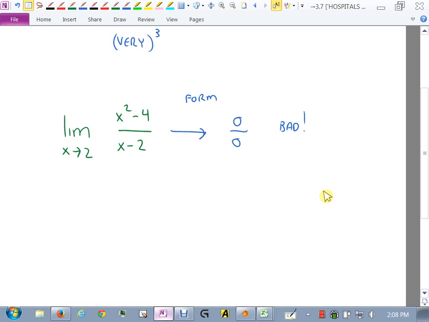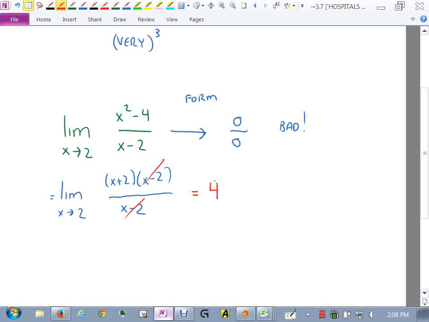The algebra we would have done was notice the top is a difference of squares. We would have rewritten this limit as x approaches 2 of x plus 2 times x minus 2 over x minus 2. Then the x minus 2's cancel, and when we let x approach 2, we get 2 plus 2, and the answer is 4.